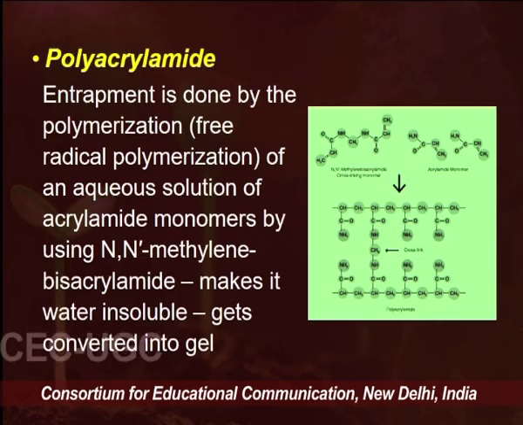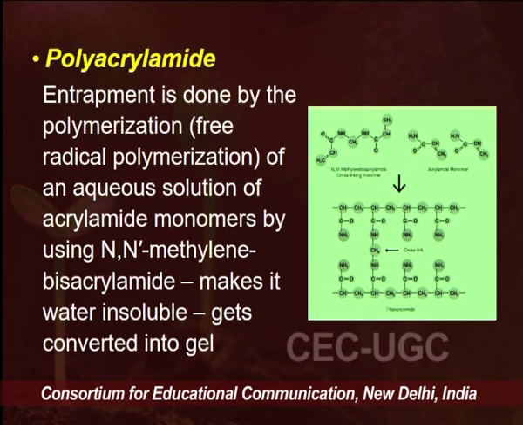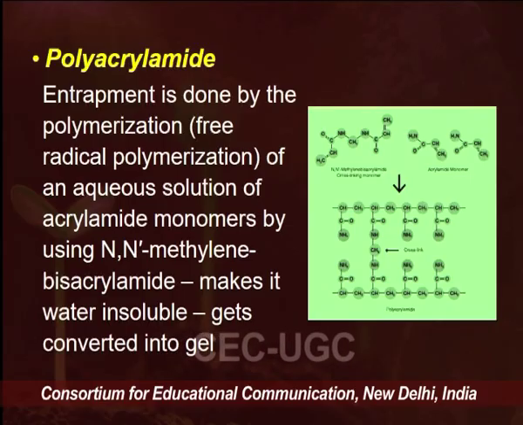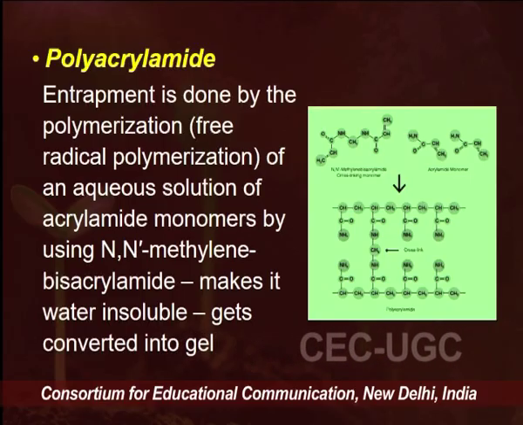For polymerization of the monomers we use N,N'-methylene bisacrylamide. Whenever this bisacrylamide is reacted with the acrylamide monomer, it changes the configuration of the system, making it water insoluble, and the solution eventually gets converted into a gel.